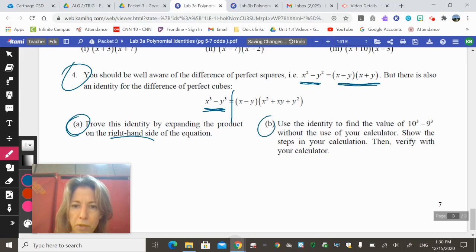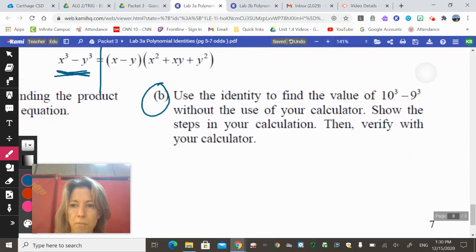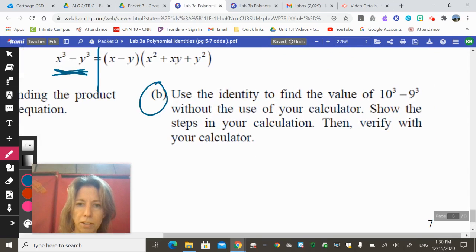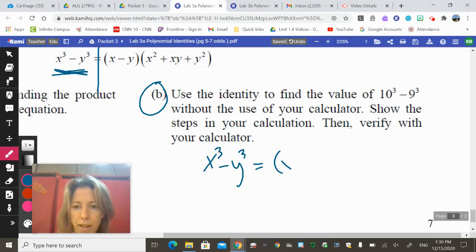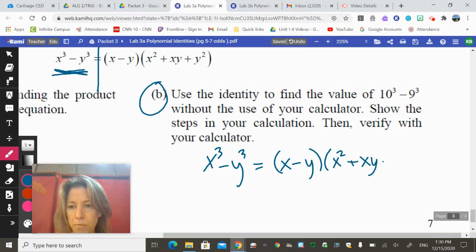I'm going to do part B with you. It says use the identity to find the value of 10 cubed minus 9 cubed without the use of our calculator. So again, I'm just going to copy down x cubed minus y cubed equals (x - y) times (x squared plus xy plus y squared).